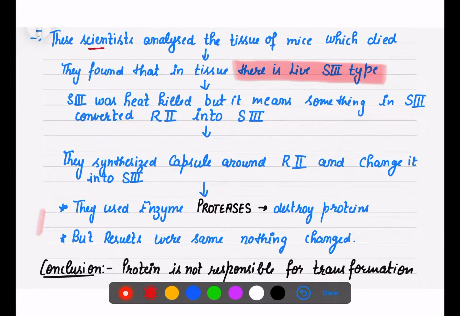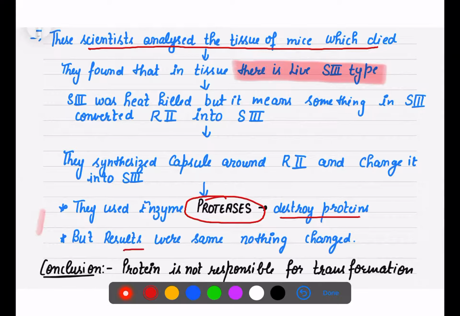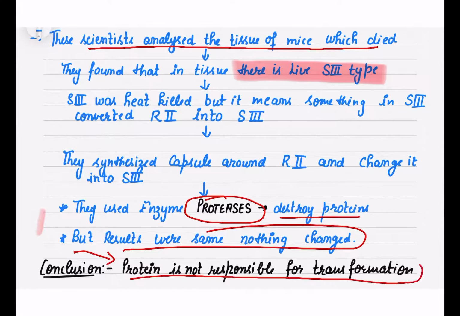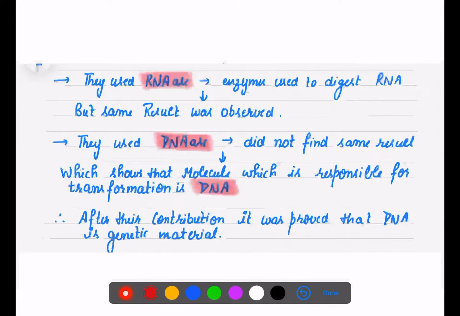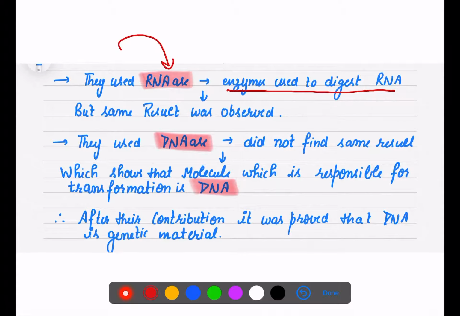Then these scientists analyzed the tissue of the mice, and they used proteases to destroy the proteins for the first time, but the results were the same. So they concluded that protein is not responsible for transformation. Then they used RNase, the enzyme which is used to digest RNA.